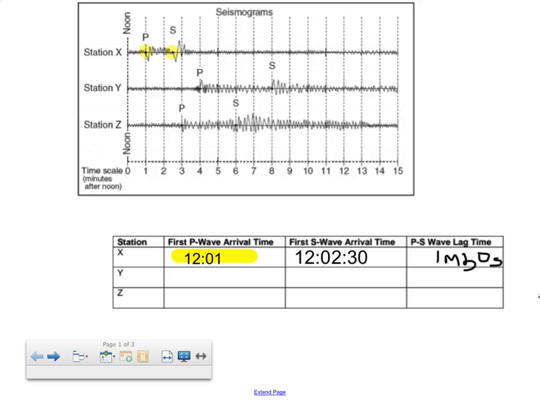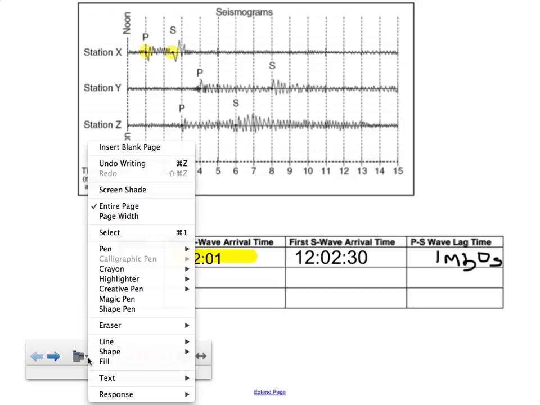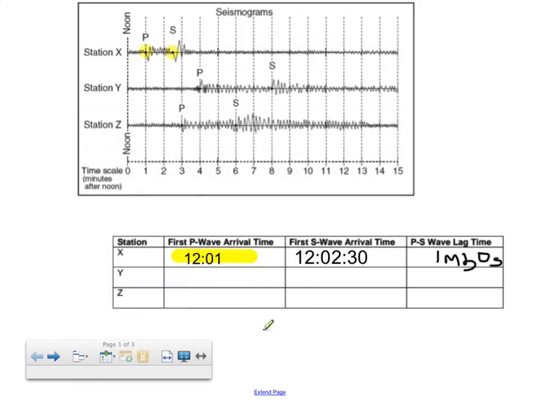All right, with your group, I want you to go ahead and figure out station Y and station Z. About 30 seconds.